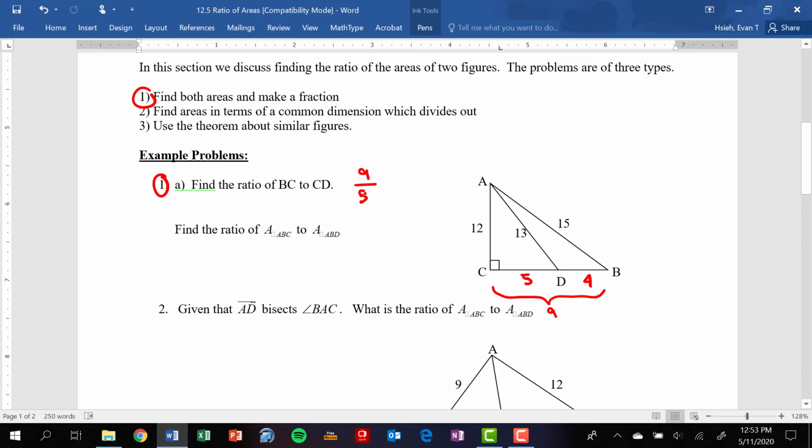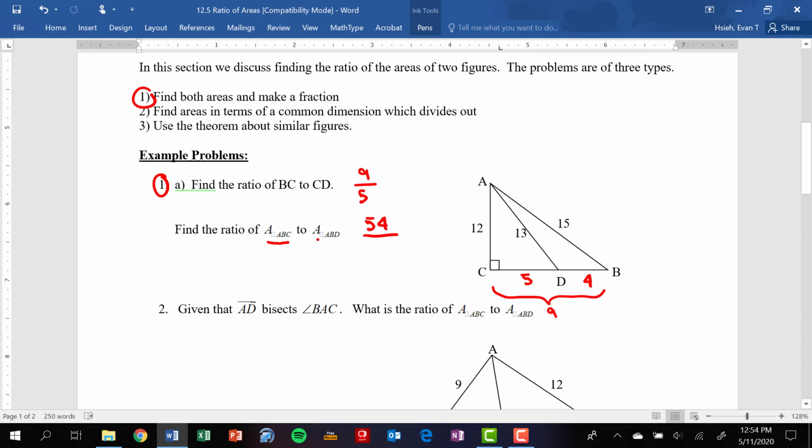Next, if I want to find the ratio of the entire triangle ABC to the triangle over to the right, ABD, I'm going to simply find the areas of both of those. The area of the entire triangle will be 9 times 12 divided by 2, which is just 54.